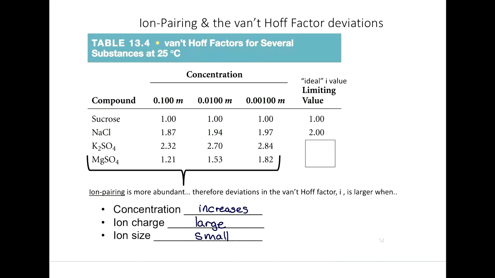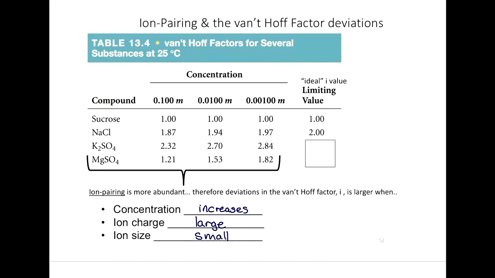Right? Ion pairing also increases if your ion charge is really high. So if you have a +1 -1 pair versus a +2 -2 pair, which pair is more attracted to one another, a +1 -1 or +2 -2? +2 -2, yeah.